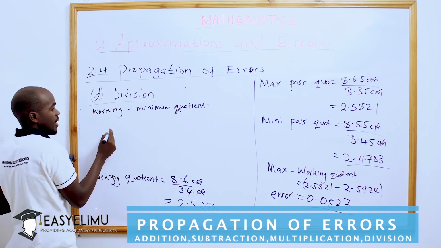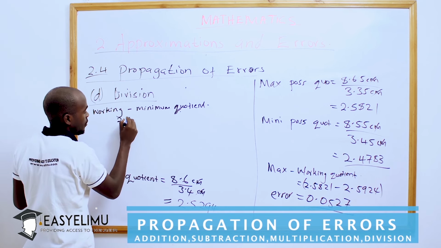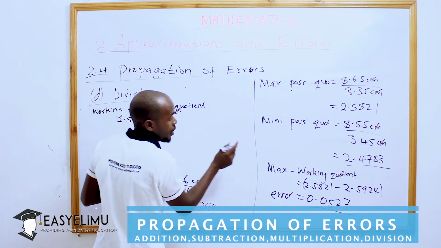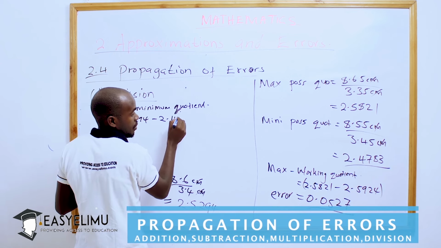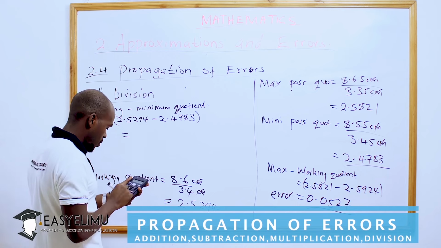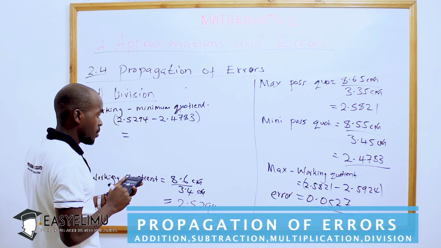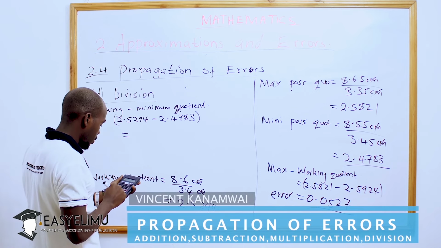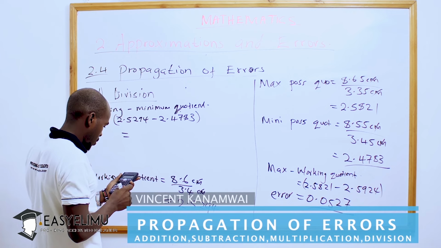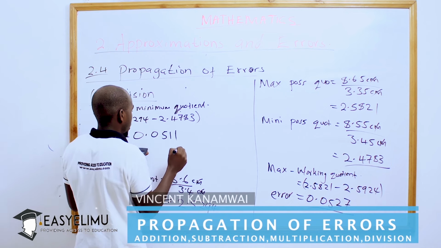The working quotient we got is 2.5294 minus the minimum one we have, 2.4783, and if we do that we are going to have 0.0511.